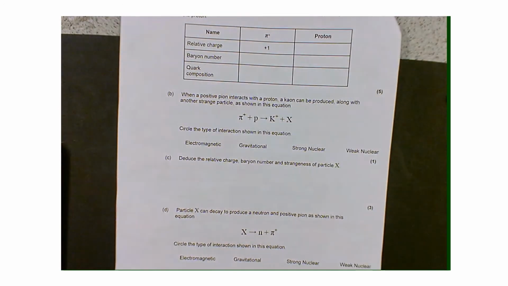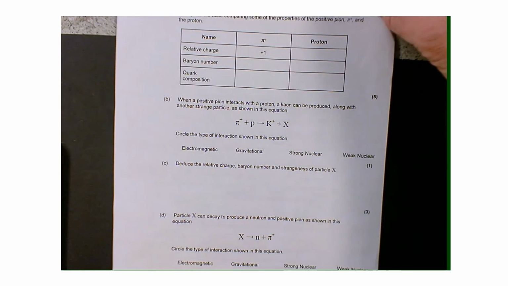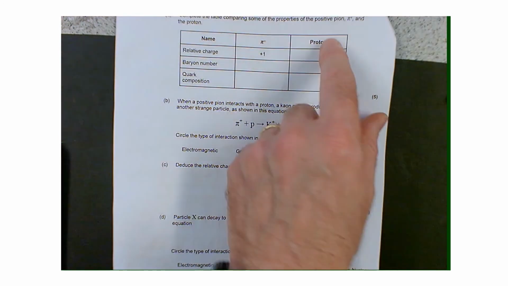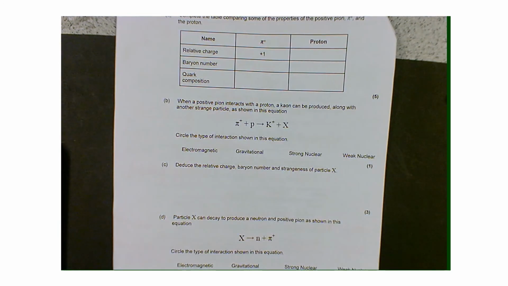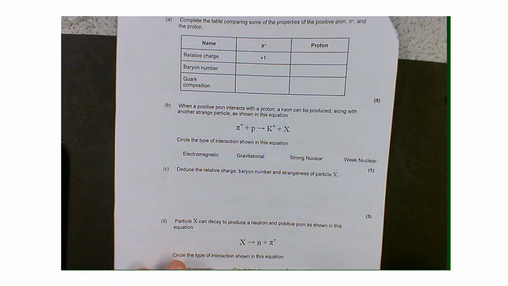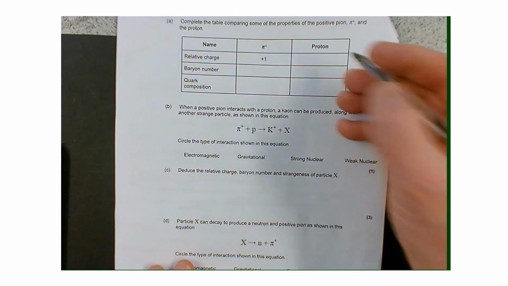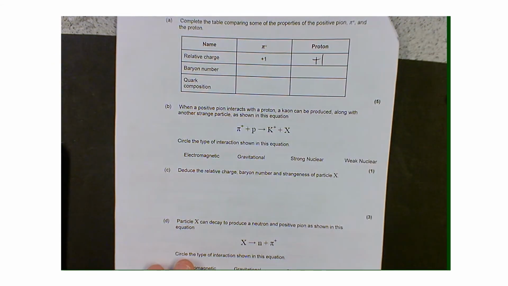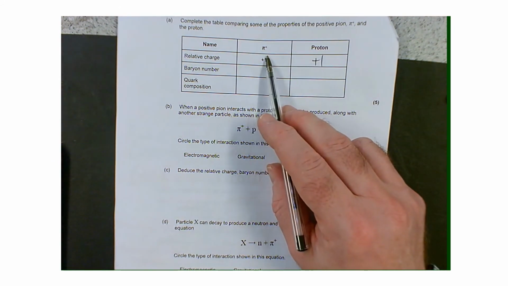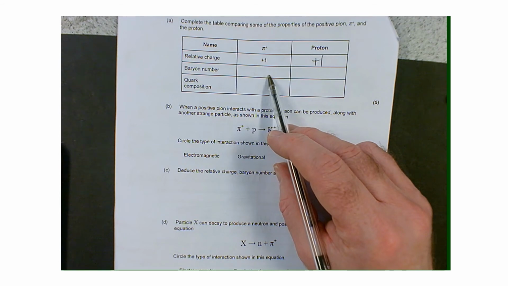Now, question 5. We have complete the table comparing some of the properties of the positive pion and the proton. So we're looking for the relative charge. The charge of the pion is +1. The baryon number, the pion has got a baryon number of 0.